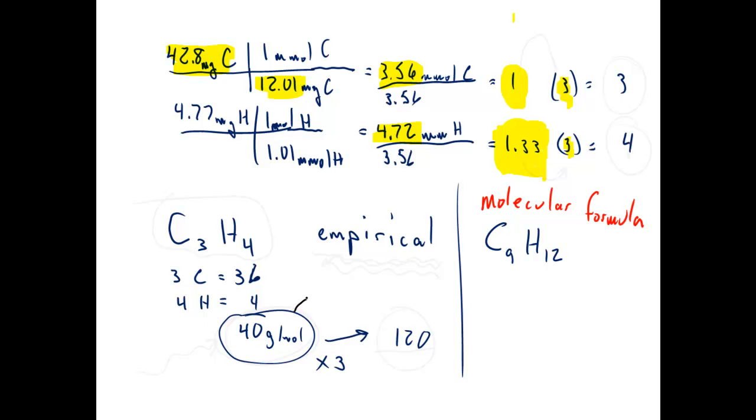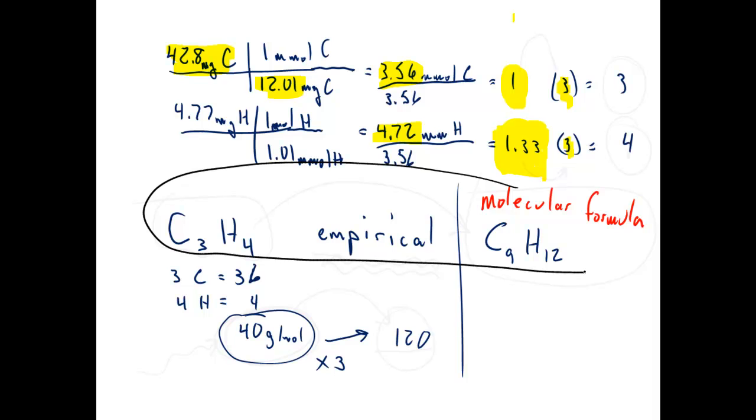So 40 times 3 is 120, my molar mass that was given. So that means if I take my empirical formula and multiply it by that same factor, I'm going to get my molecular formula. So now I have both the empirical and molecular formulas of this compound.